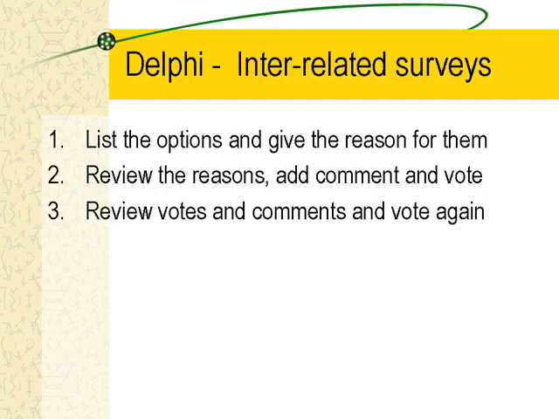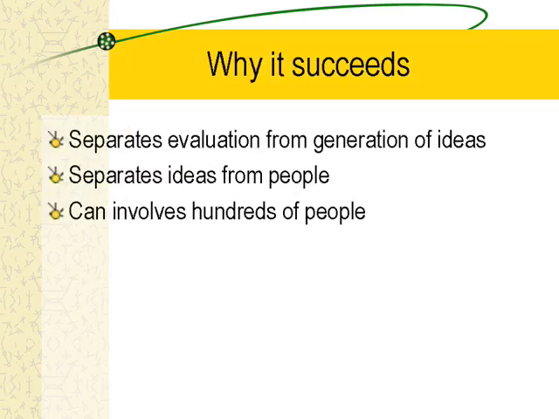In the first survey, group members are asked to list the options and give the reasons for their preferences of an option. In the second survey, they are asked to review the reasons listed by other group members, add their own comments, and vote on what is the best option. In the third and last survey, group members are asked to review the average vote, comment on the reasons behind their preferences, and vote again.